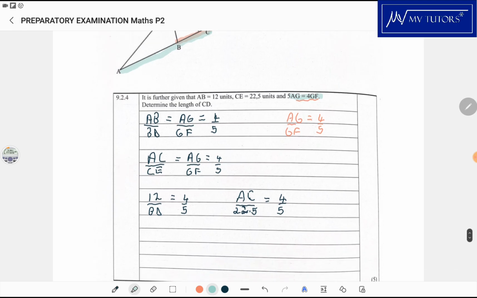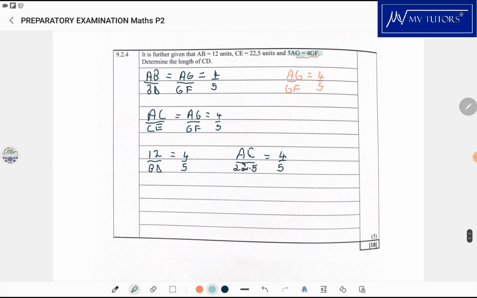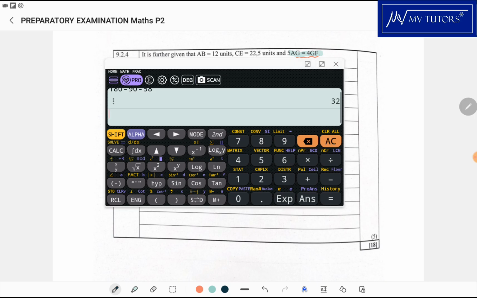Now let's solve what we can. So if I cross multiply here, I'm just gonna go straight to the answers. So BD, just do your mathematical gymnastics. We'll use a calculator. To solve BD, I'm gonna cross multiply.